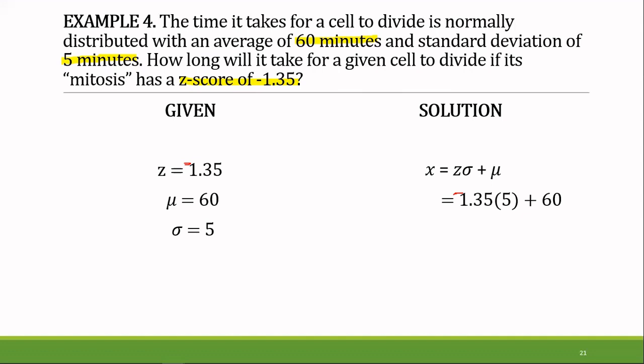Negative 1.35 times 5 is negative 6.75, plus 60. That will give us an answer of 53.25 minutes.